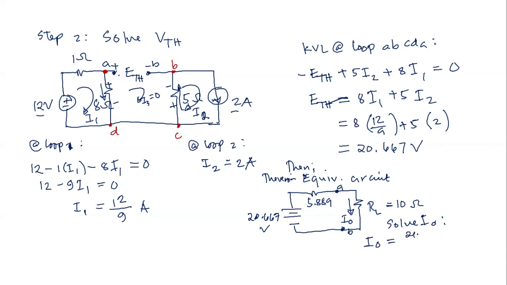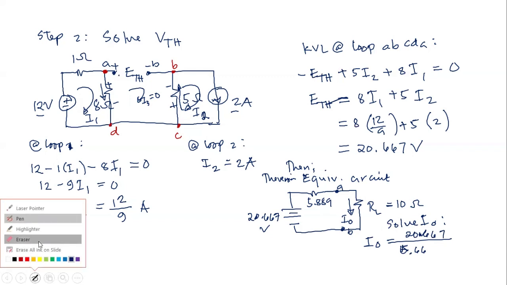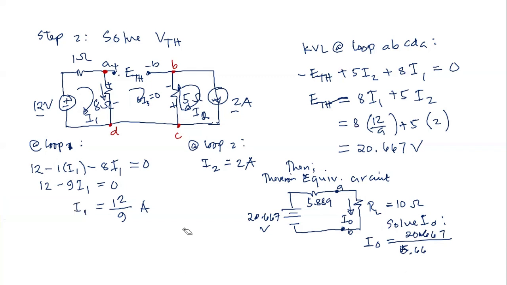So you have 20.667 divided by the RTH, which is 5.889, so we'll change the value, plus the RL, which is 10.